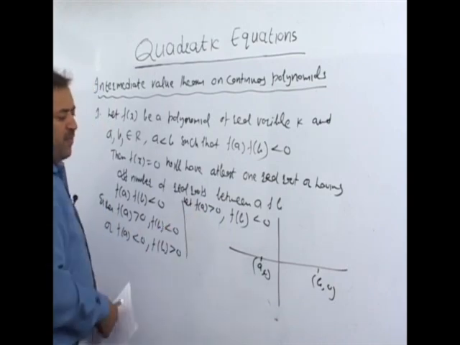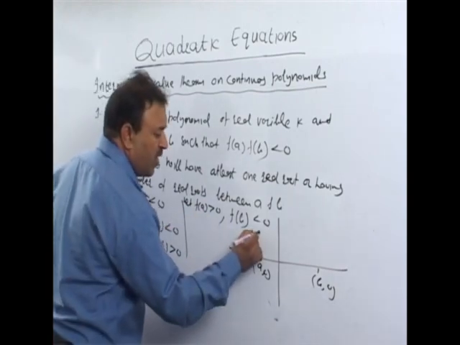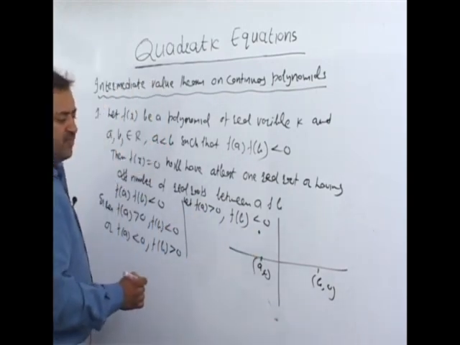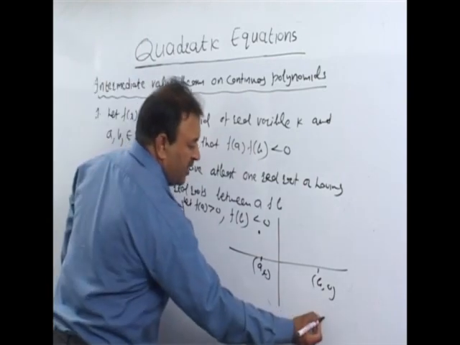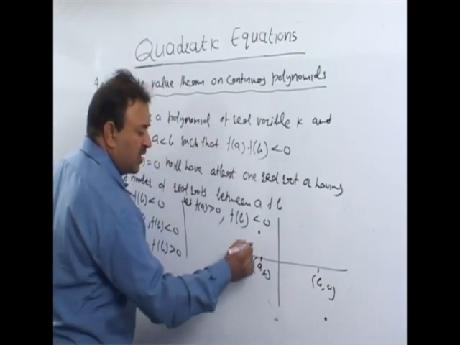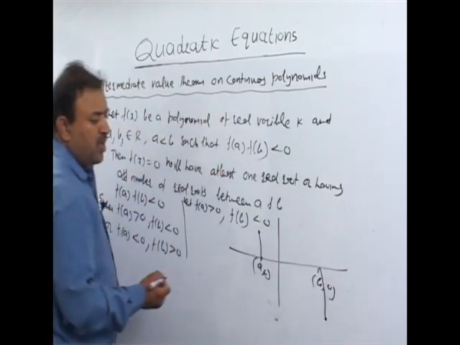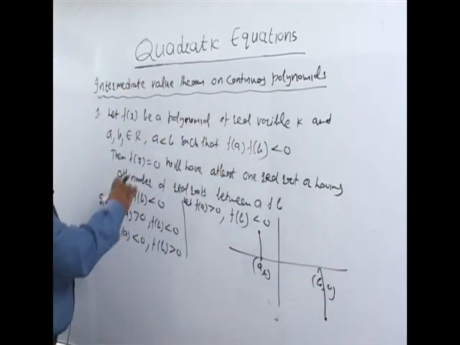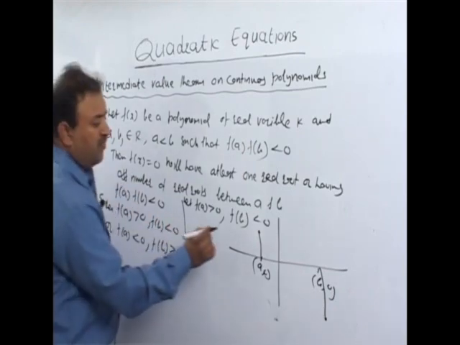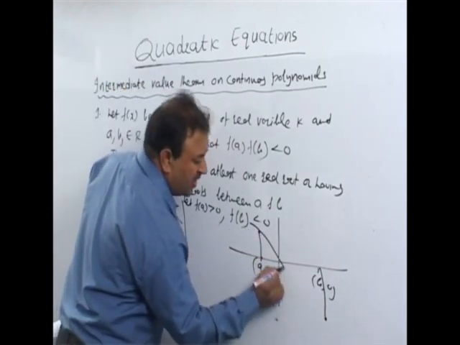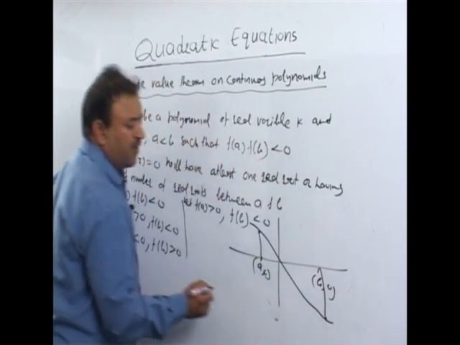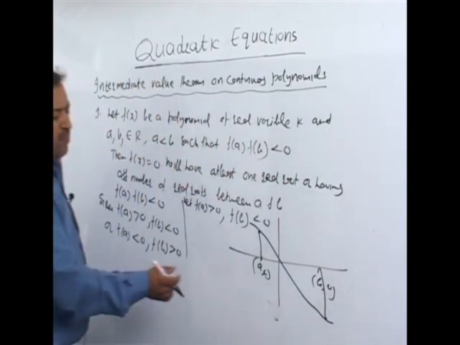Now, the only thing we have been given is that the product is negative, so I take this as positive. I suppose f(a) lies over here and f(b) lies over here. Obviously this is a polynomial and it is a continuous curve. Then one thing is sure, this curve must be like that.